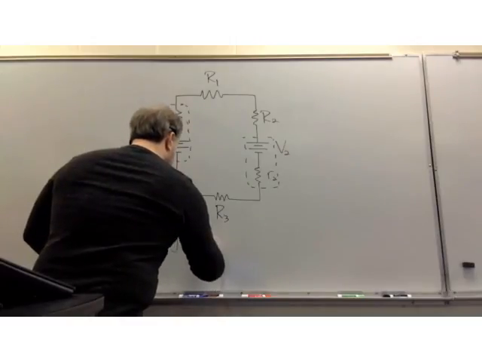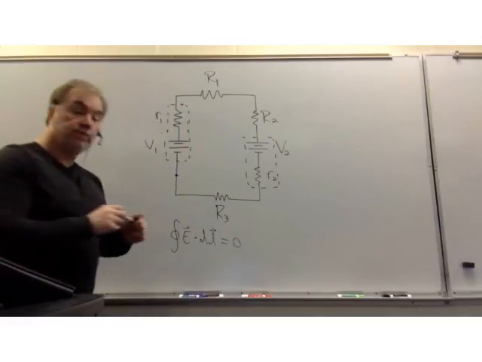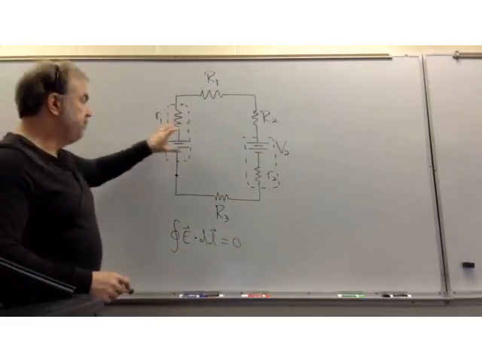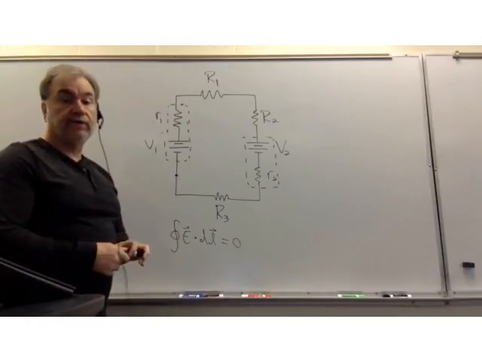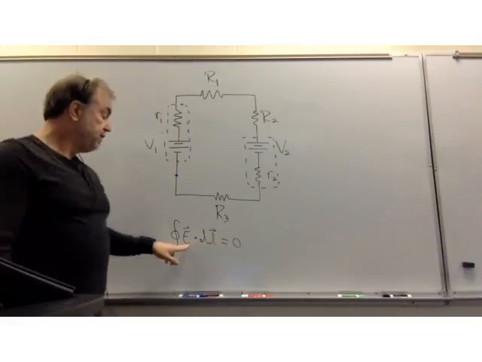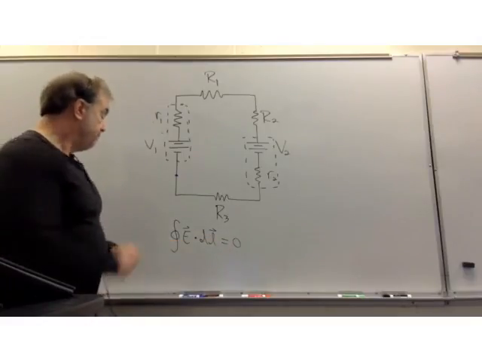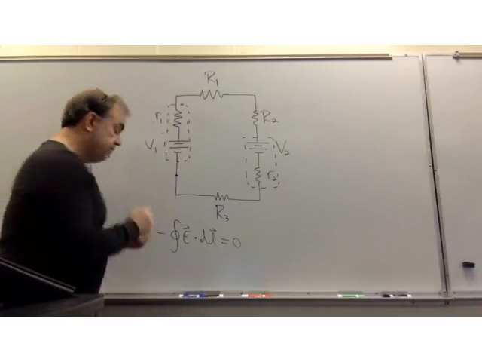E dot dl, remember, for an electrostatic field, which is certainly what we have here, each of these two batteries supplies an electric field that is constant in time. For an electrostatic field, this curl is 0, but this is, of course, the negative of the change of potential, right?